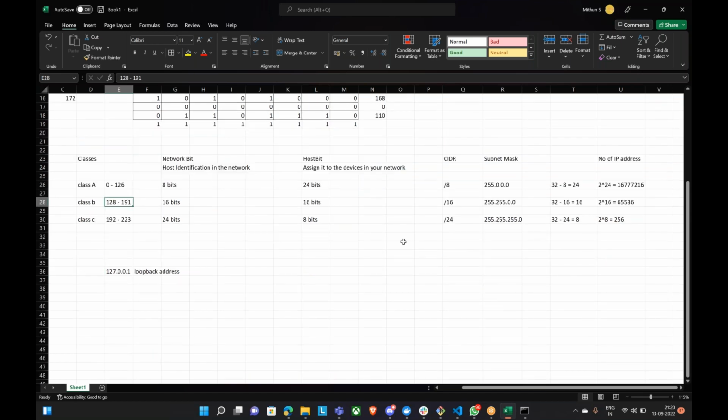Now as you can see here, if you go with the class A, you have an advantage. If you go with the class C, you have very little, because there are only 256 IP addresses.